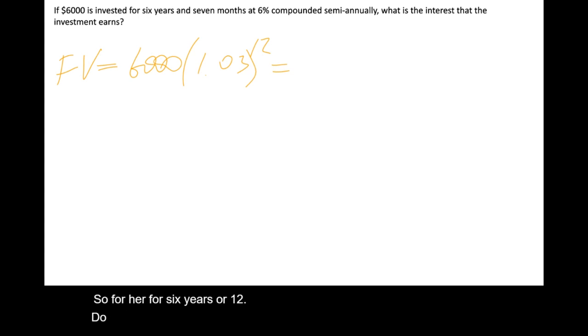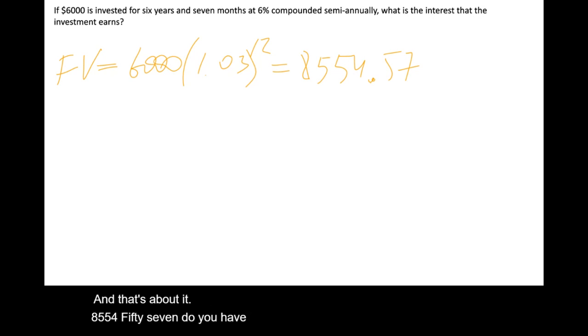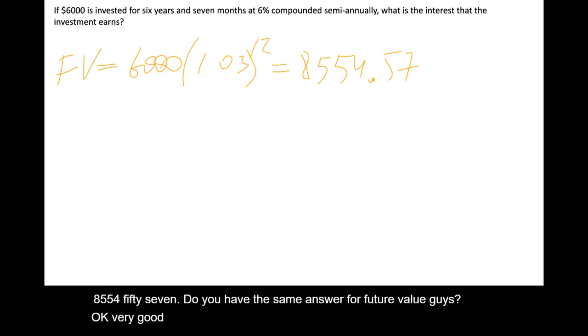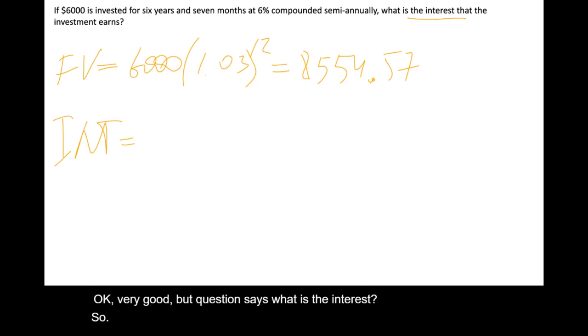They find just the future value, and that's about it. 8554.57. Do you have the same answer for future value, guys? Okay, very good. But the question says, what is the interest?